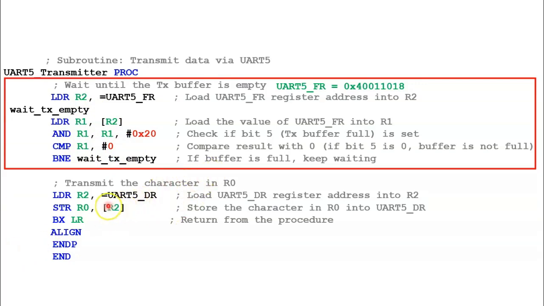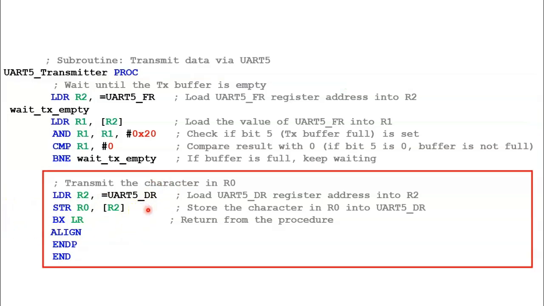Okay, so next we come to these instructions here. These two instructions will transmit the data in R0. Basically, this load instruction here will copy the address assigned to this symbolic name, which is 400110000.